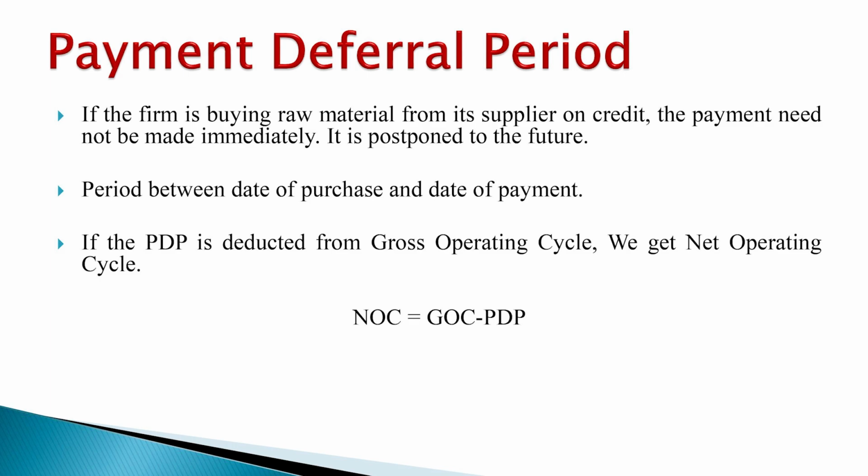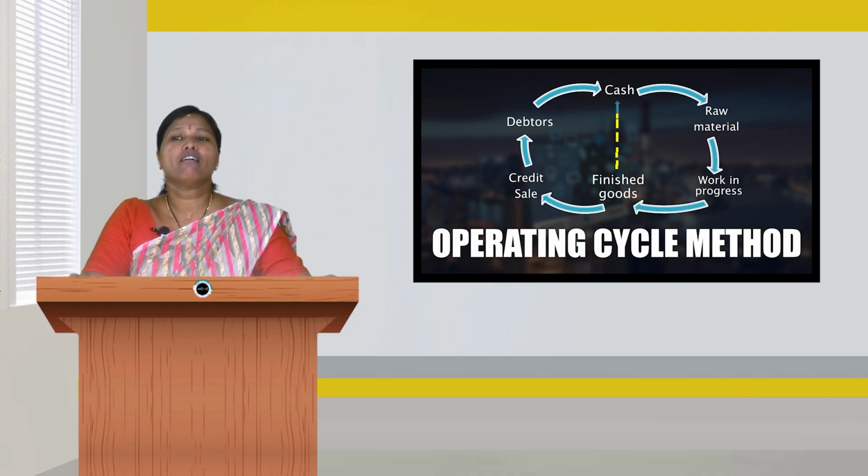The payment deferral period is the period between the date of purchase and date of payment. If it is deducted from the gross operating cycle, we get the net operating cycle.